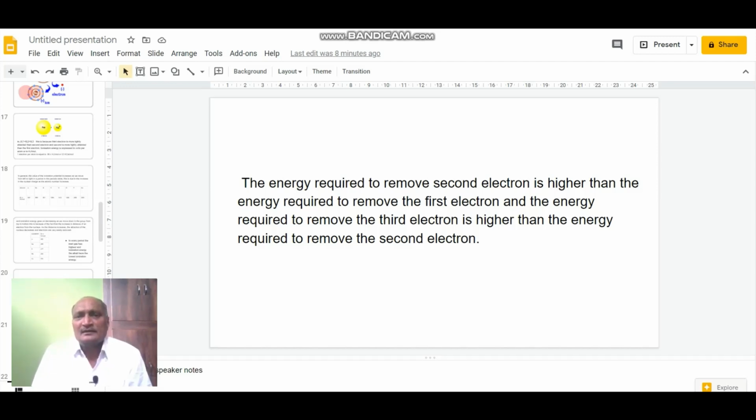The remaining orbital electrons are held tightly towards the nucleus. As a result, removal of the third electron becomes tougher and tougher. Hence, the energy required to remove the third electron is greater than that required to remove the second electron.